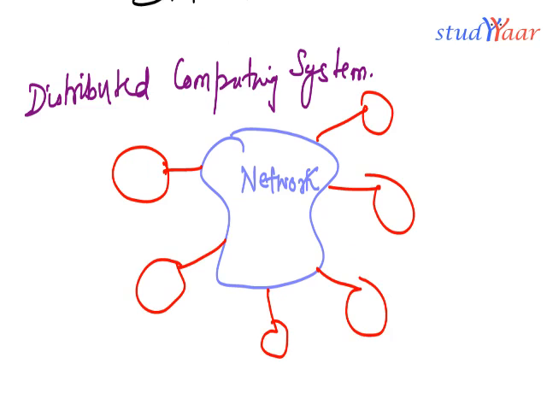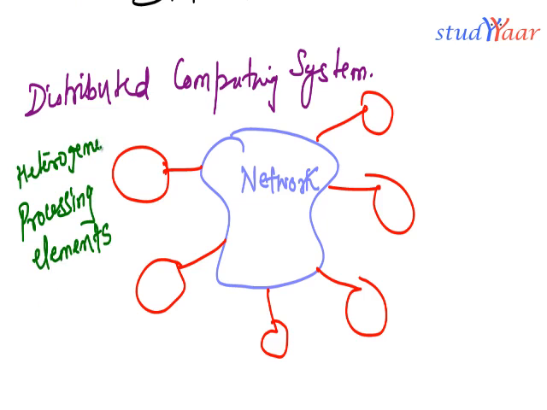These processing elements are normally heterogeneous. Let me call them P1, P2, P3 and so on. Oftentimes, if it is a homogeneous system, then it is probably going to be a parallel computing system.